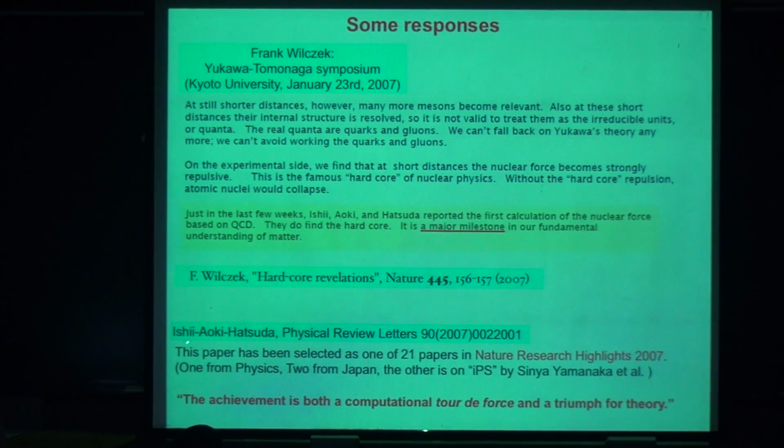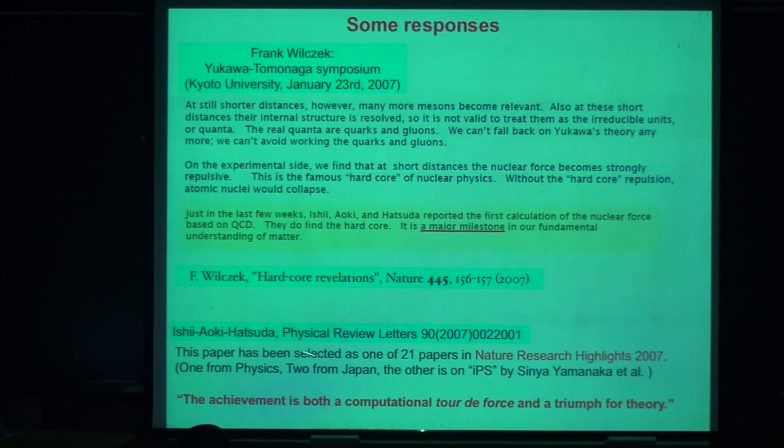And our paper was selected as one of the 21 papers in Nature Research Highlights 2007 that year. From physics, only 1, and 2 from Japan. The other one is a paper on iPS cells by Yamanaka, who got the Nobel Prize last year.